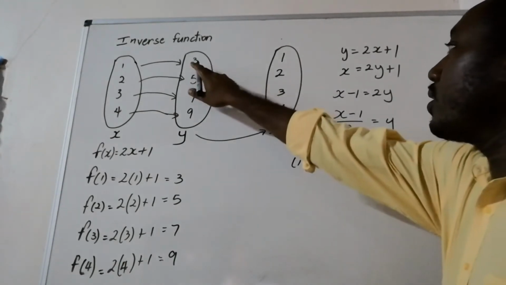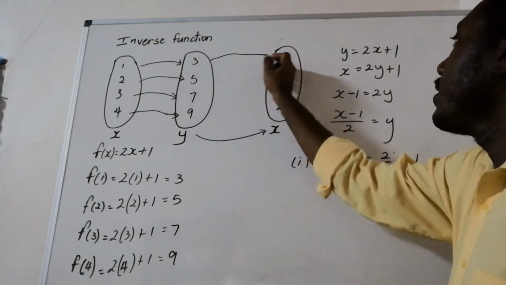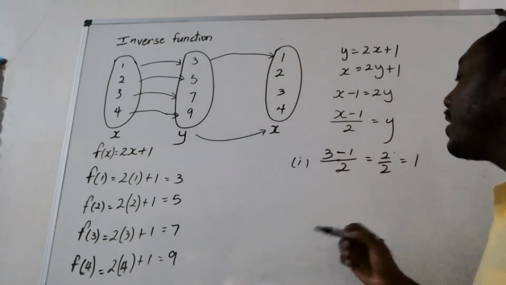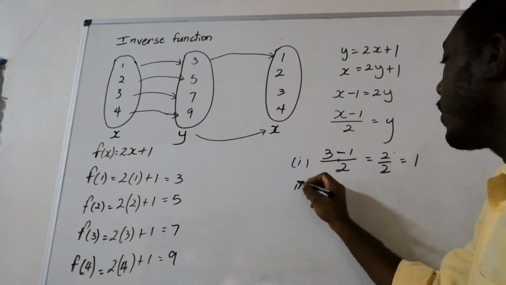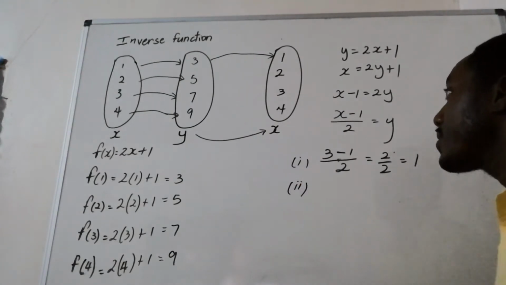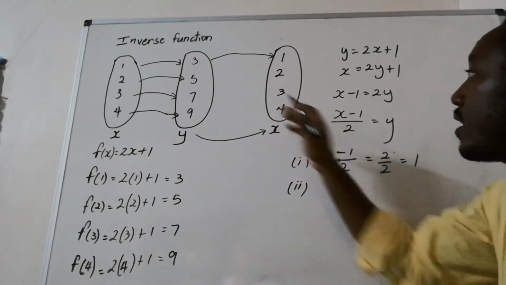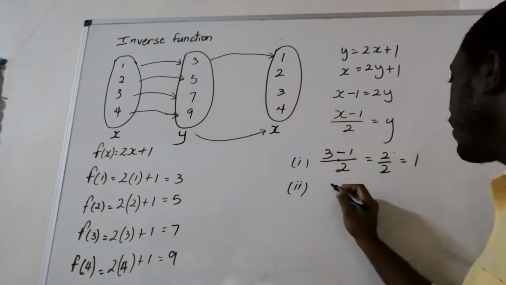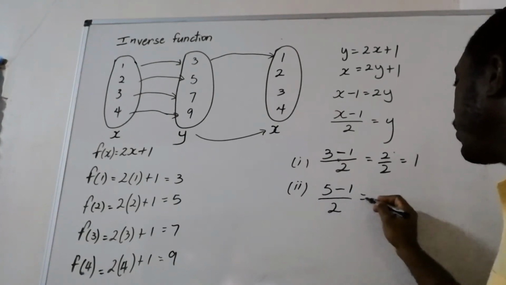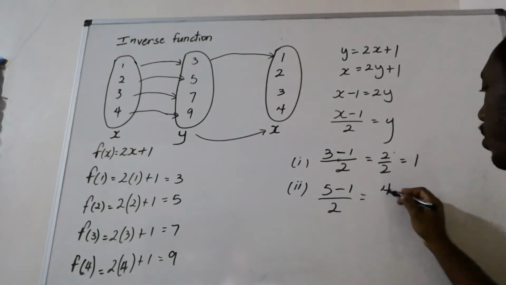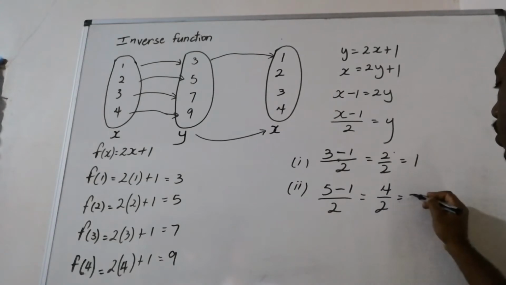Notice when we put 3 in, our result is 1. It takes us back to 1. Let's try the next one to see it's not a mistake. Where we see x now, we will put our 5. 5 take 1 divided by 2 will give us 4 over 2, which is equal to 2.